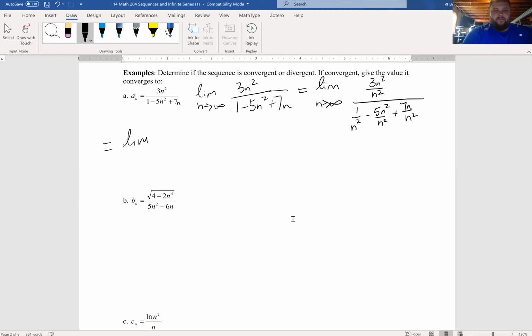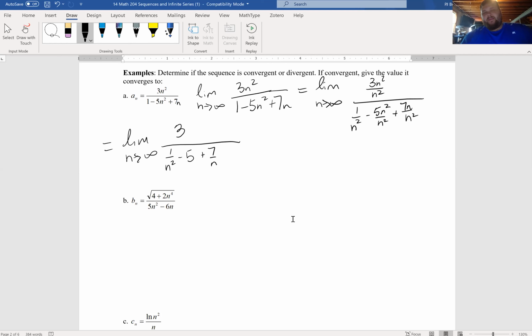And if I now simplify, what does this look like? Well, I have 3 on top. This is still 1 over n squared. This is minus 5. And this is plus 7 over n. Okay. Well, now we have to remember some rules of limits.